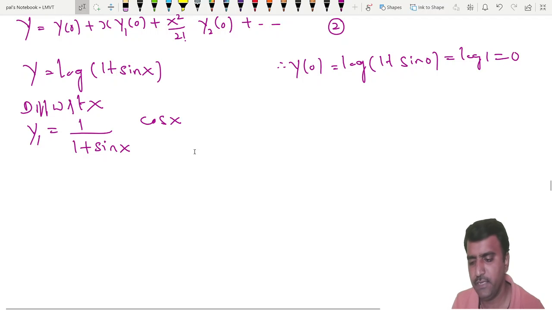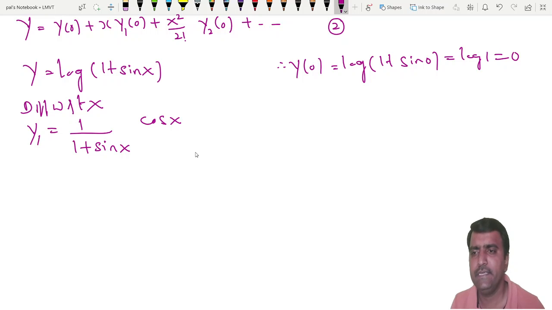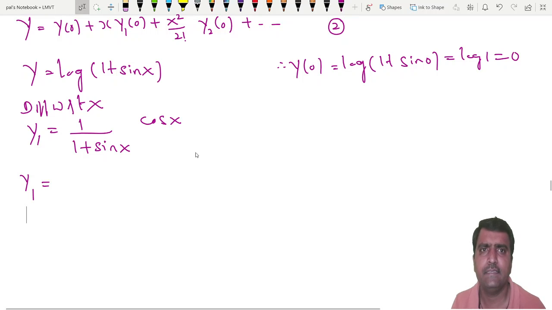So how can we simplify this y1? So y1 is equal to, you see cos 2 theta is equal to cos square theta minus sin square theta.